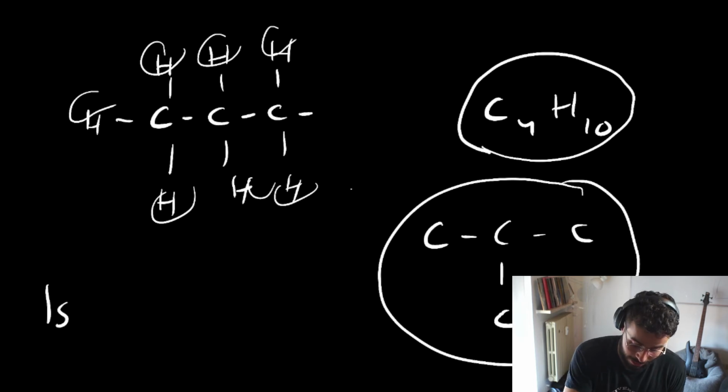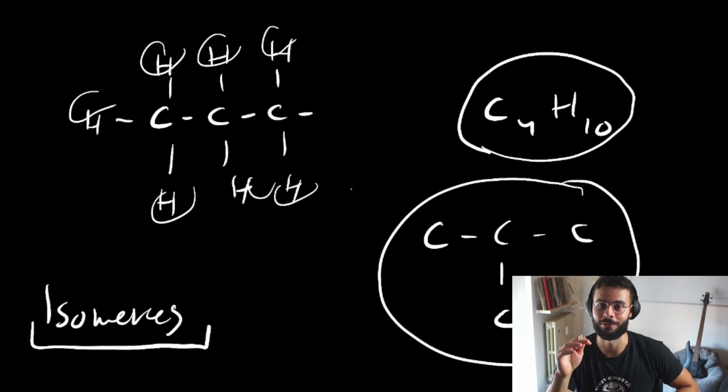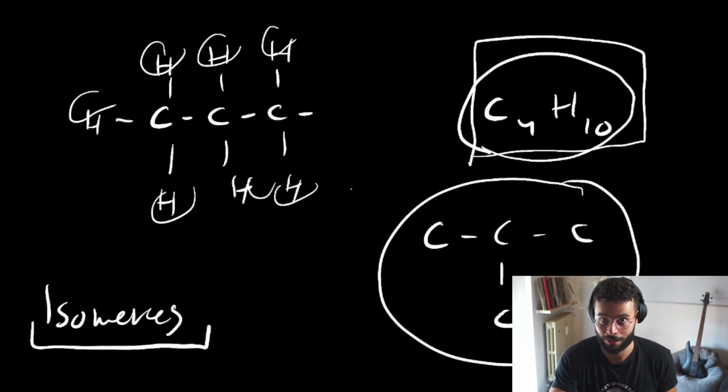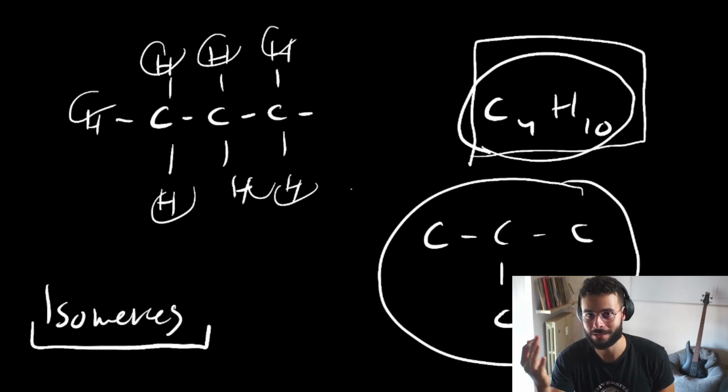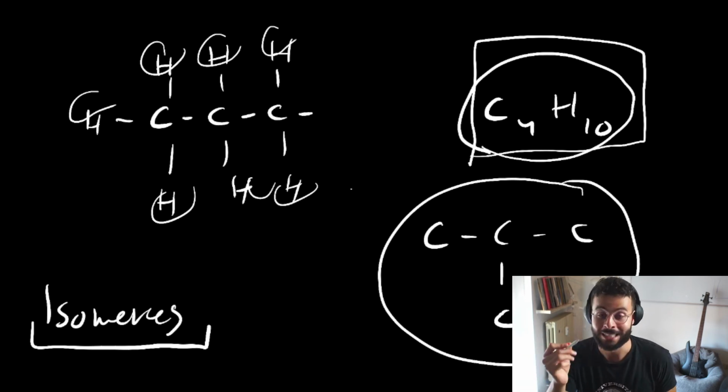So isomers is when you have the same formula, in our case C4H10, but in space the structure is different. When you draw it down, or see it under the electron microscope, the structure is different. The carbons are connected in a different way.